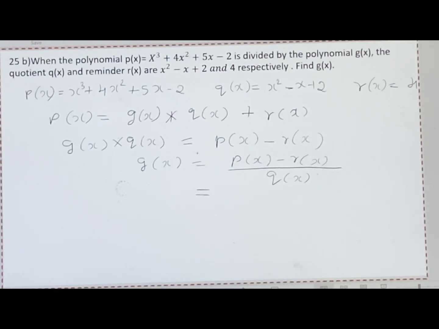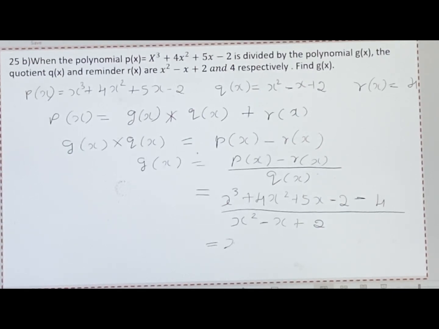So now we know the p of x value, that is x cube plus 4x square plus 5x minus 2, then minus r of x. What is r of x? It is 4, divided by q of x. What is the q of x value here? x square minus x plus 2.